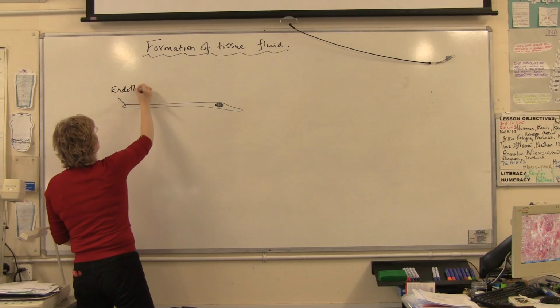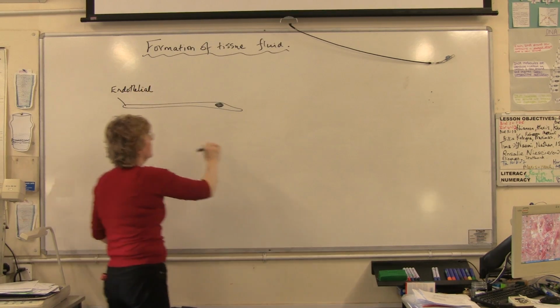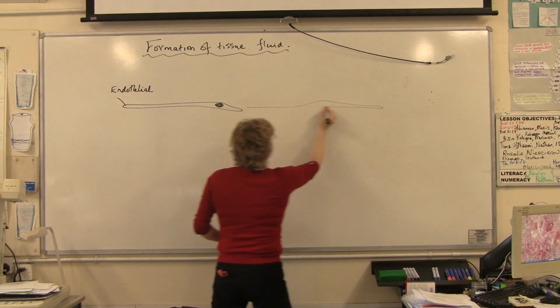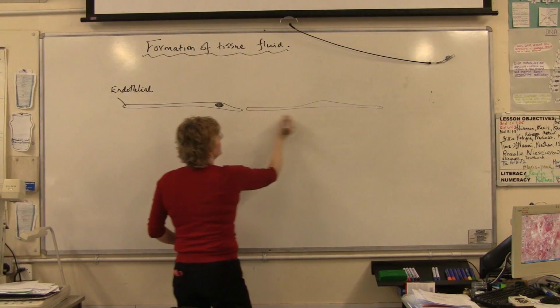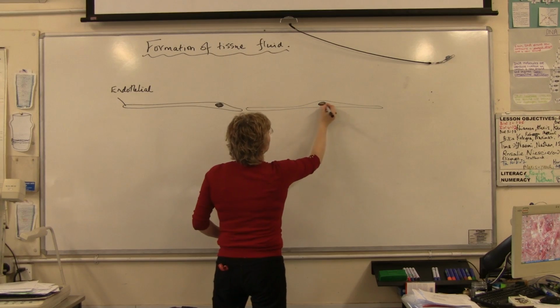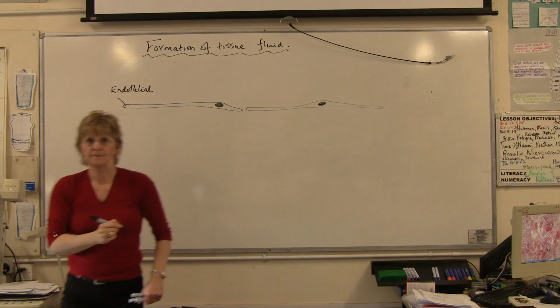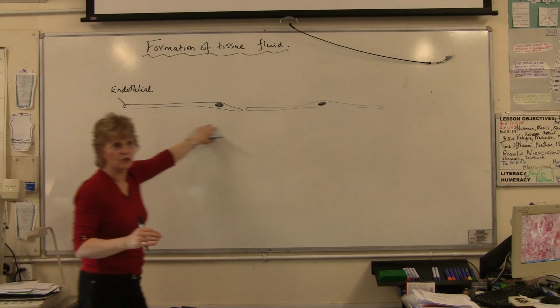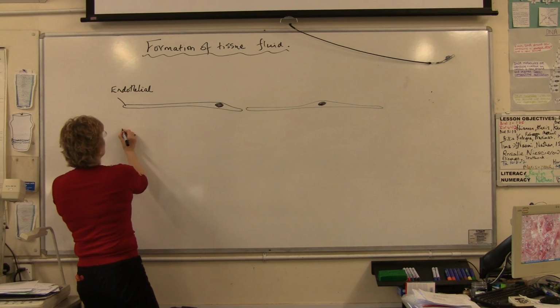So the endothelial cells make up the capillary wall. What's important, Matthew, about the shape of these cells? Short diffusion pathway. Excellent.